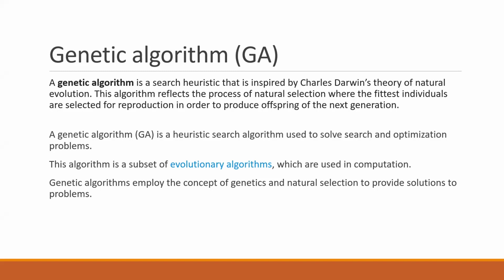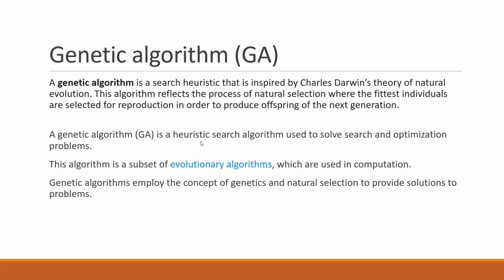It reflects the process of natural selection, where the fittest individuals are selected for reproduction for the next generation. The fittest individuals or chromosomes are propagated to the next generation, to produce the offspring.